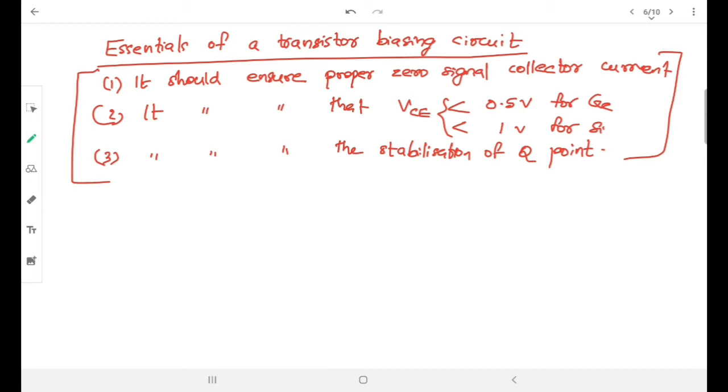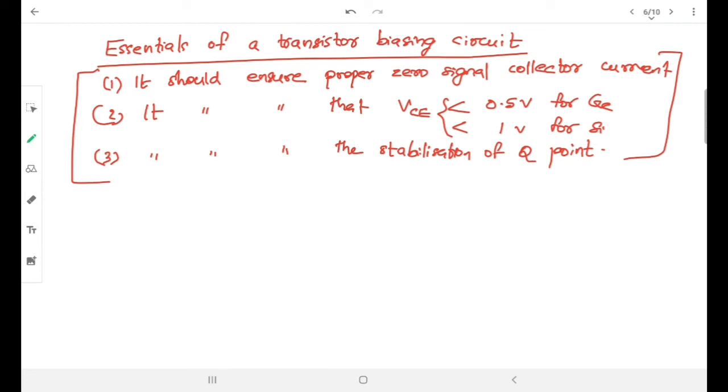So how can we measure the amount of stabilization? If we are constructing a transistor biasing circuit, we have to analyze the circuit and find how much stabilization is in the circuit.